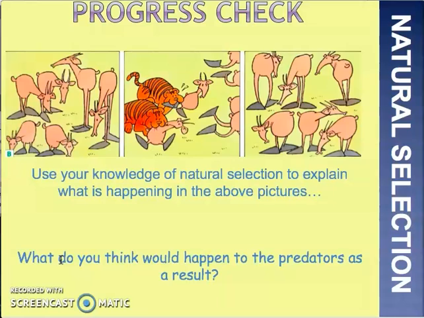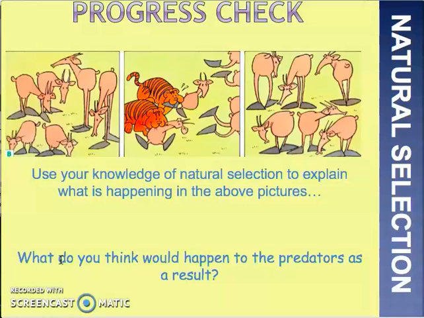Which animals are able to run away? Okay, and if they can run away, they're surviving, aren't they? Okay, which animals couldn't run away? Now, if you look at the last picture, you have then got more animals with what? More of them got longer legs or shorter legs? Which beneficial allele has been passed on?